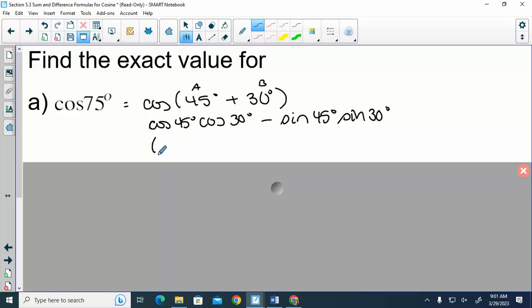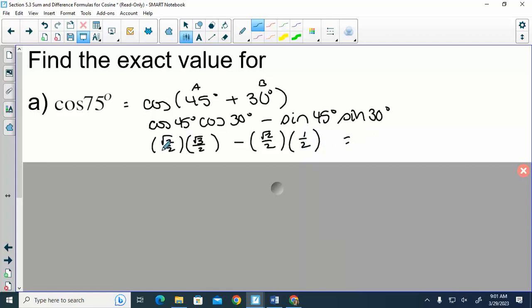The cosine of 45 degrees is what? Cosine of 30 degrees. Minus the sine of 45 degrees, radical 2 over 2. The sine of 30 degrees is 1/2.